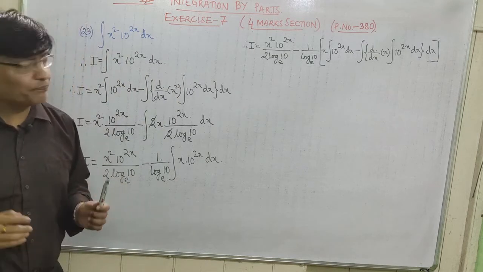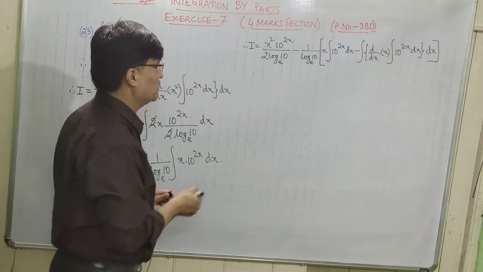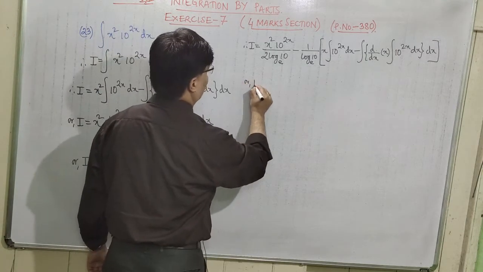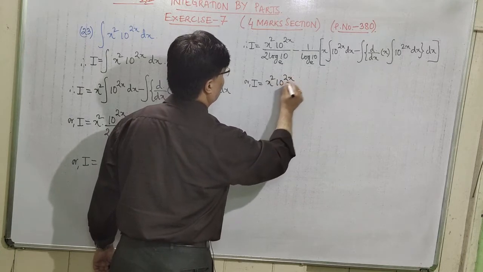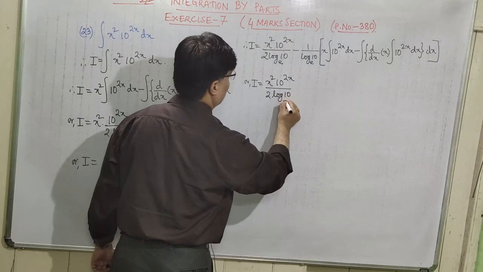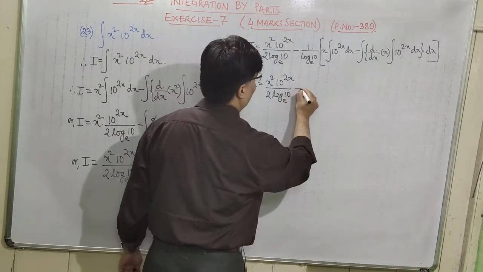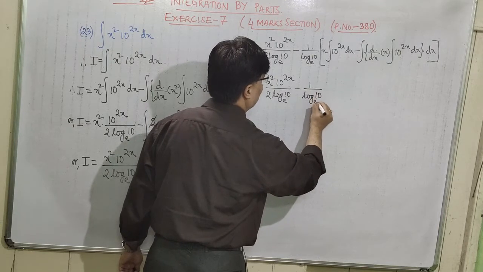Is that clear now? So now within the third bracket, let us simplify the expression. I is equal to x square 10 to the power 2x divided by 2 log 10 base e minus 1 upon log 10 base e.